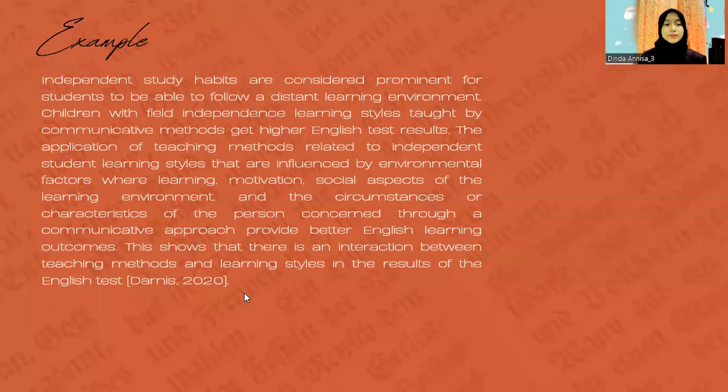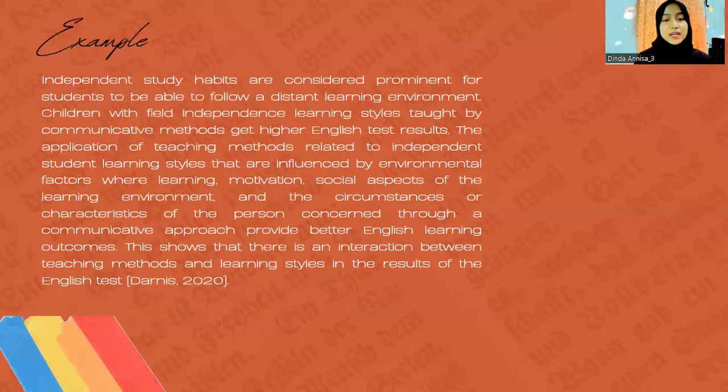Independent student habits are considered prominent for students to be able to follow a distance learning environment. Children with a field independence learning style taught by the communicative method get higher English test results.